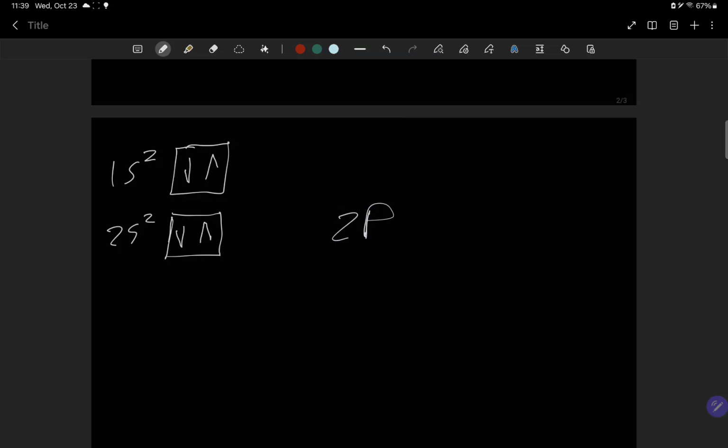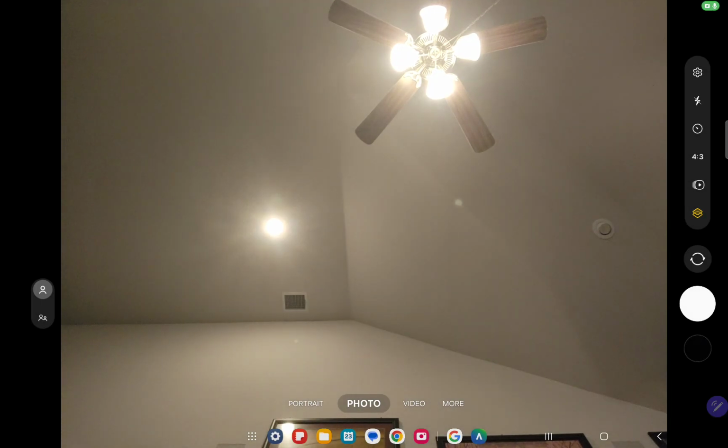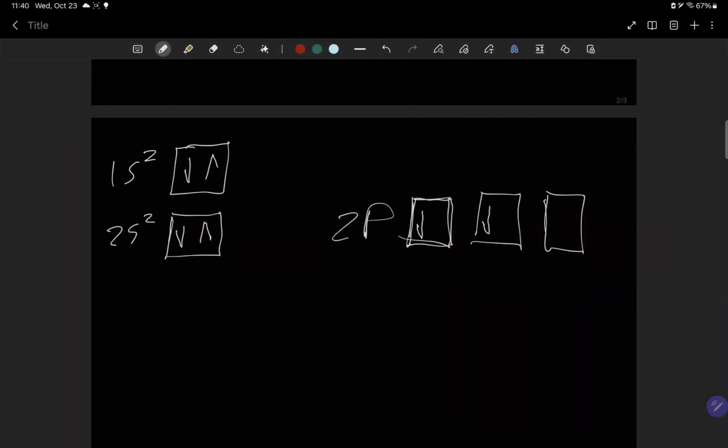Then 2p, we're going to have 1, 2, 3. Remember, think of each of these boxes as one of the orbitals. Okay. So if we got 2p, it's going to want to go 1, then it's going to move to the next one, 2, because electrons really, really do not want to be near each other. Okay. So instead of filling 1 and 2 like this, it's going to fill the next suborbital. But still going downward. Yes, so it's going to fill in one direction and then fill in the next direction.